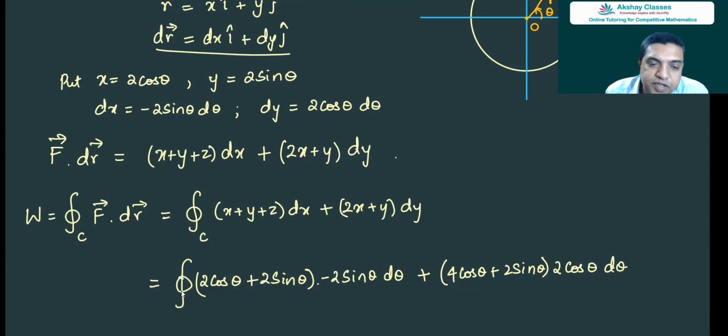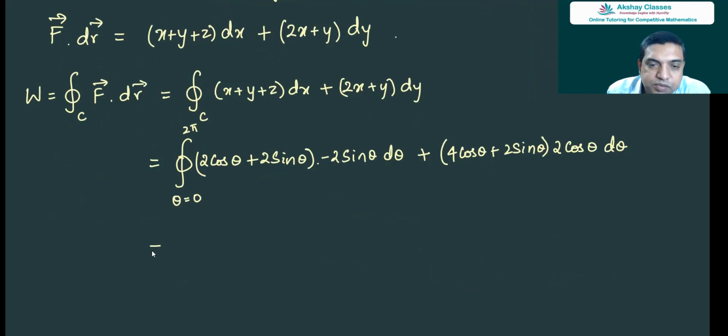Now the limits of integration, we'll apply theta equal to 0 to 2 pi around the full circle. So now we can take d theta common.